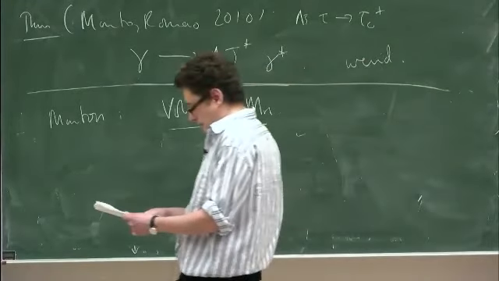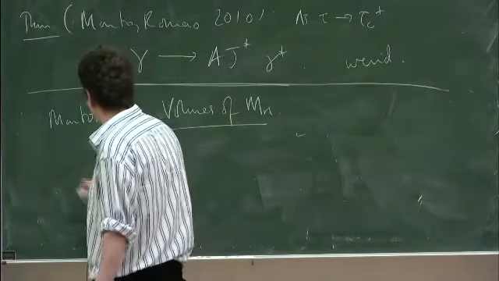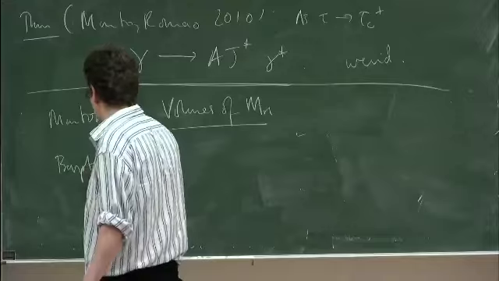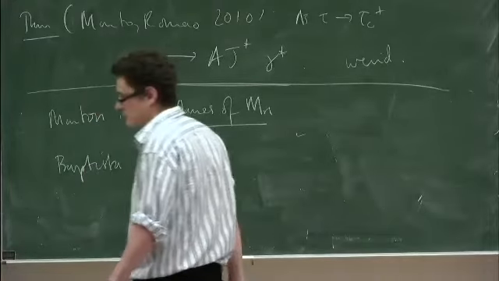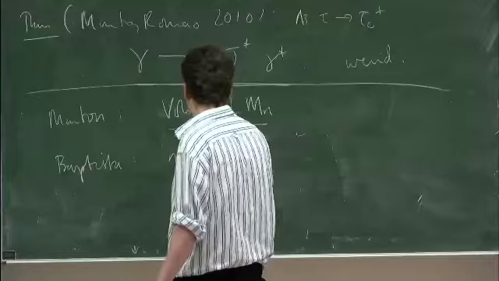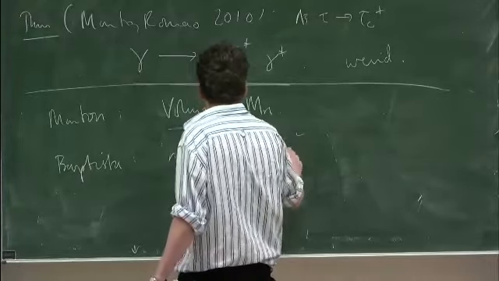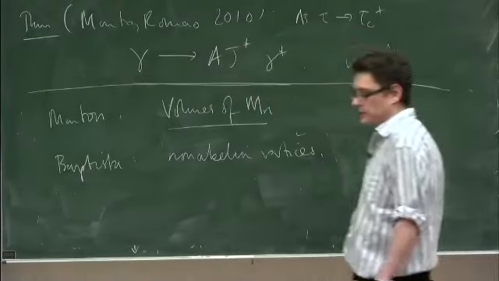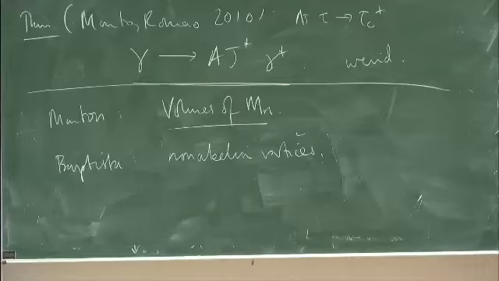What else? Well, I haven't mentioned anything about non-abelian vortices. There are various interesting generalizations of this whole story. One of the most interesting is non-abelian vortices, where the gauge group is no longer just U1, it's something more non-trivial.